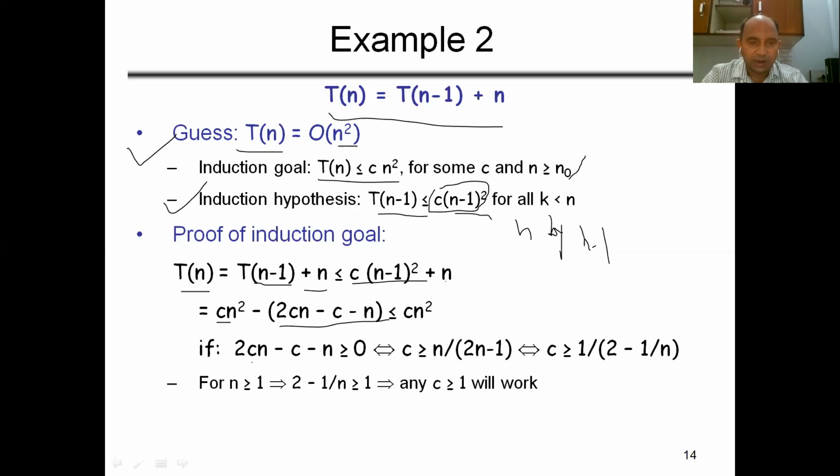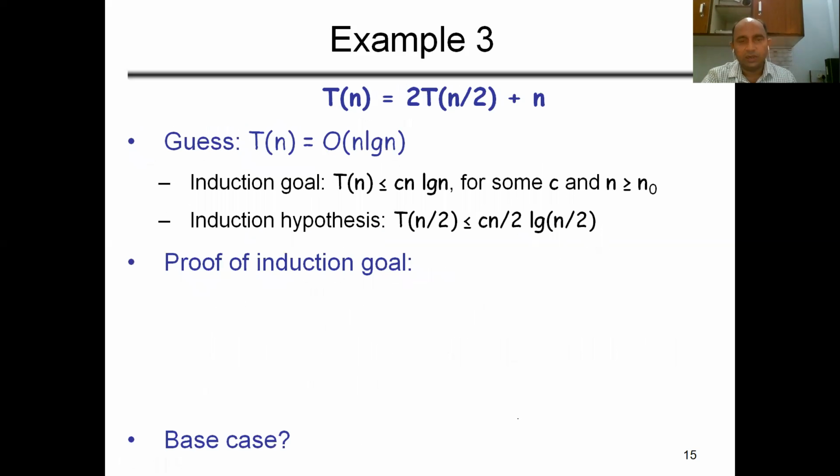Finally, if 2cn minus c minus n is greater than 0, this equation will become true. After solving this relation, I find that if c is greater than 1 upon 2 minus 1 upon n, this relation will be true. For solving this, if c is greater than or equal to 1, this relation will work. So I can prove this relation.